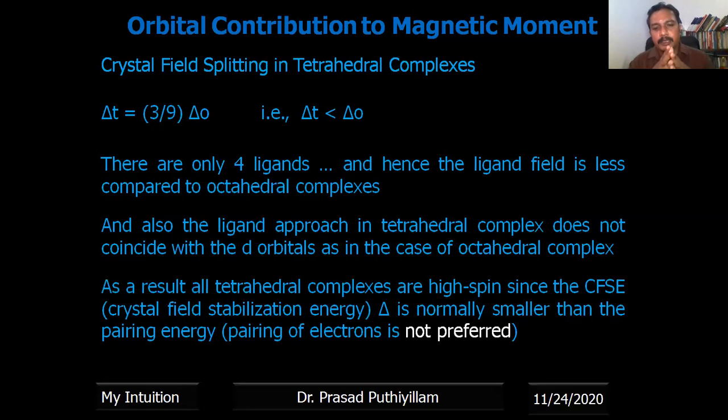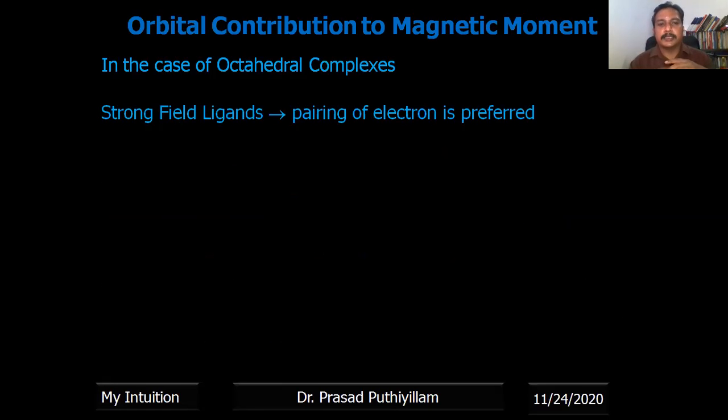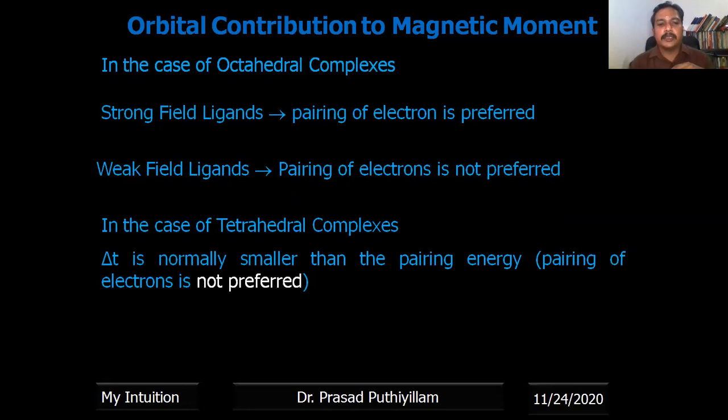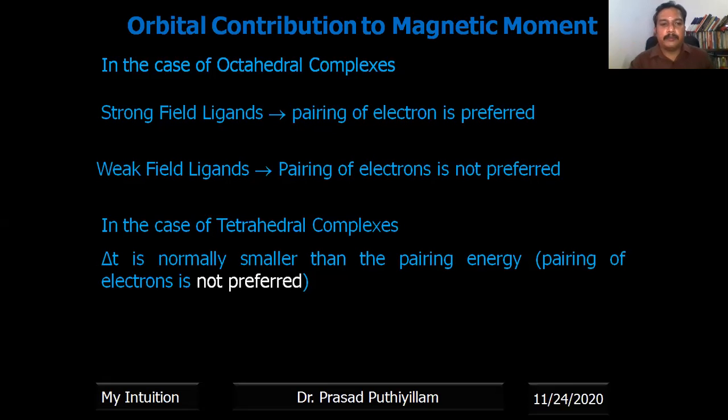Therefore, the splitting energy is comparatively less, and pairing of electrons is not preferred. In an octahedral complex with a strong field ligand, pairing is preferred; with a weak field ligand, pairing is not preferred; and in a tetrahedral complex, pairing is not preferred.